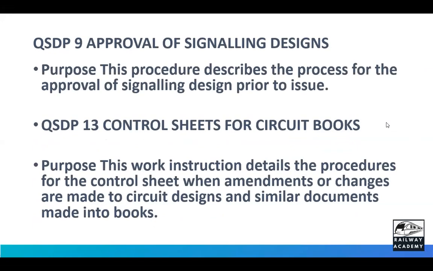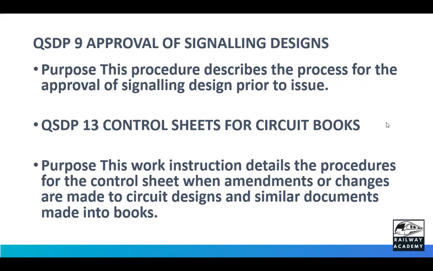Then coming to approval. After verification, the design has to be approved. Only then can it be sent for construction. Then for control sheets, every circuit or every design you make will have what is called a control sheet. That is just like in the UK, where you say approval and issue record. You have to maintain the chronological order of how the design has been done and how modifications have been done.